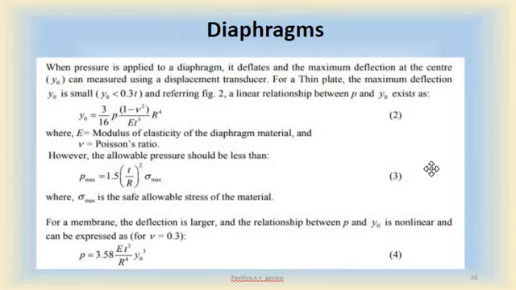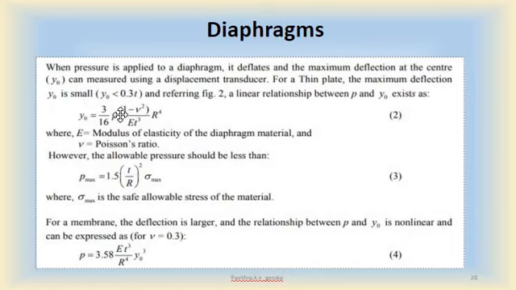Next we need to learn what the pressure output and the displacement output are when a small pressure is applied to the diaphragm. Here the output displacement is given by Y naught, P is the input pressure, V is the Poisson's ratio, and E is the modulus of elasticity of the diaphragm material.